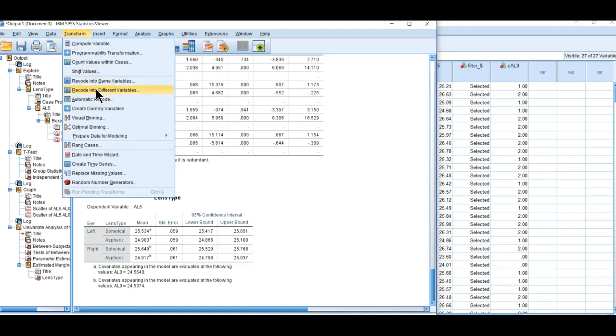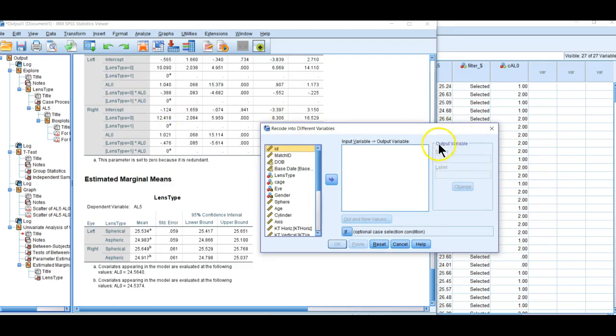Now, this takes us out of the realm of analysis of covariance and puts us into the realm of a full factor, not factor analysis, but a factorial kind of analysis. And we're going to recode our baseline data into a different variable.